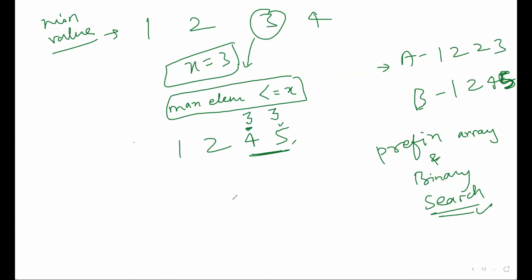I have to change these values. What is the sum of these values? 9. Okay. How many values am I changing? Can I find this? Yes, I can find this if I find the index of this. With the help of binary search, you can find the index of the first element which is greater than x. Since the array is sorted, if you find the first element greater than x, all the elements to its right will be greater than x only.